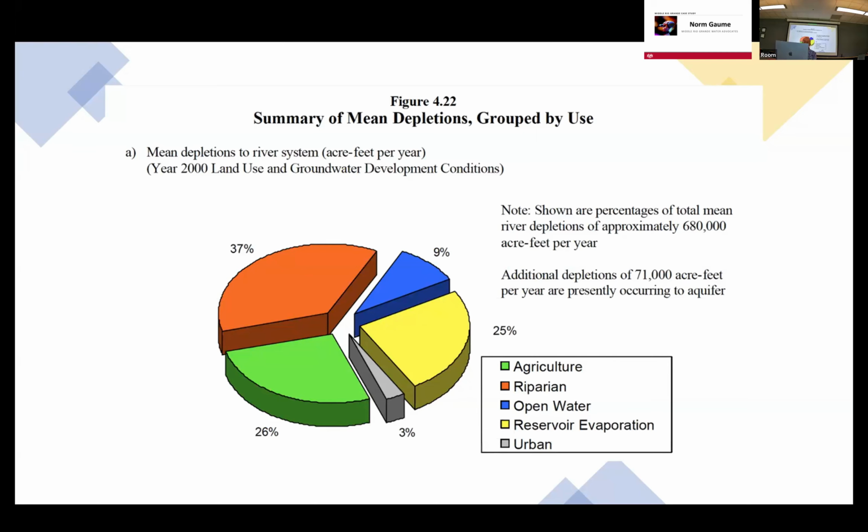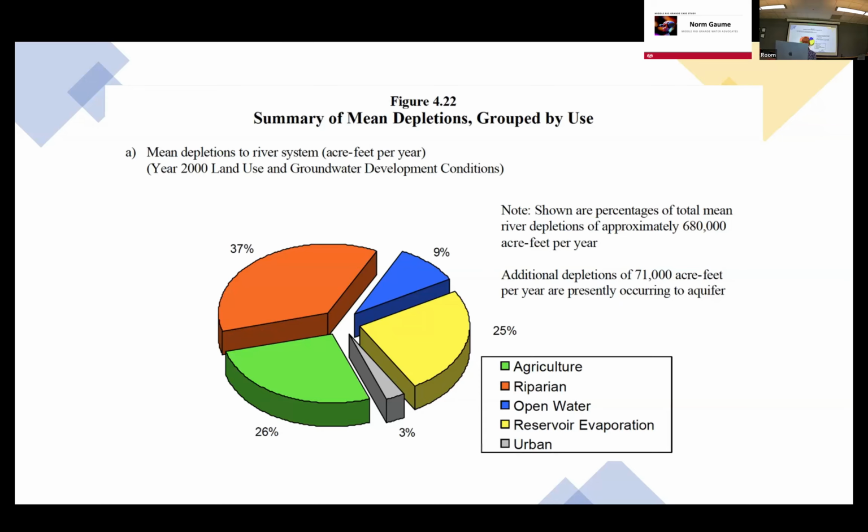And in reality, that slice of urban water use is probably about 8 or 9% of the total water availability. And it generates almost half of New Mexico's economic output.